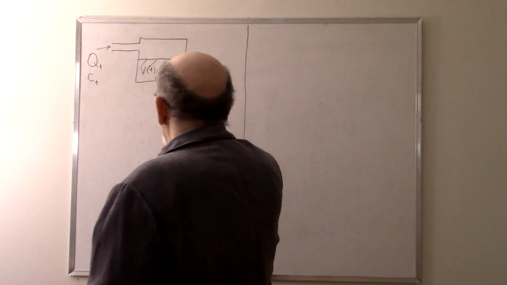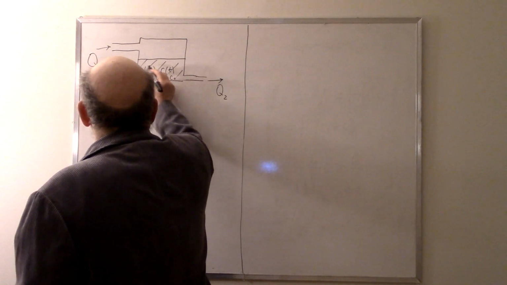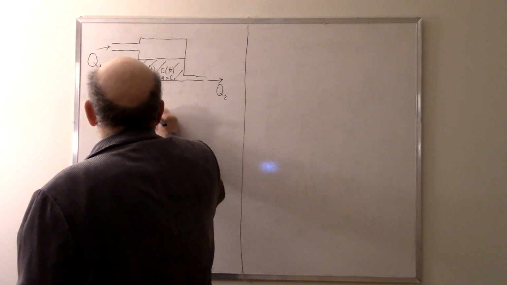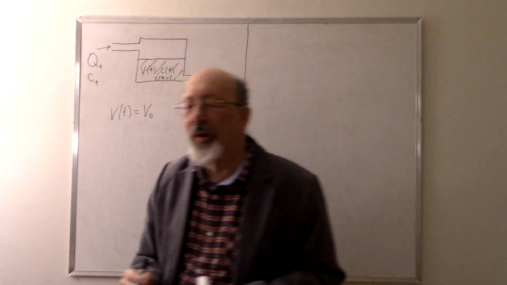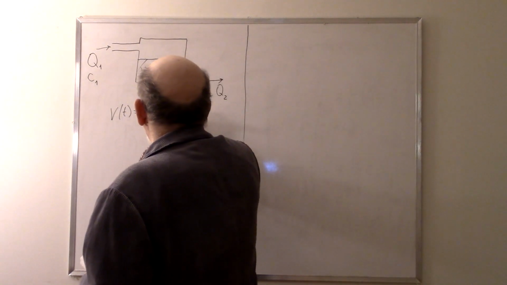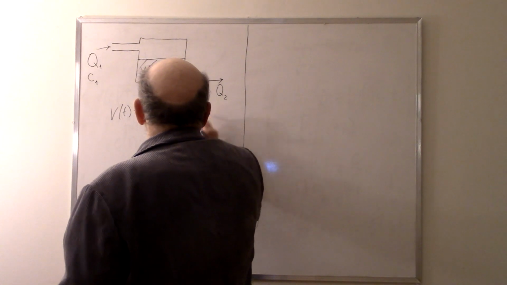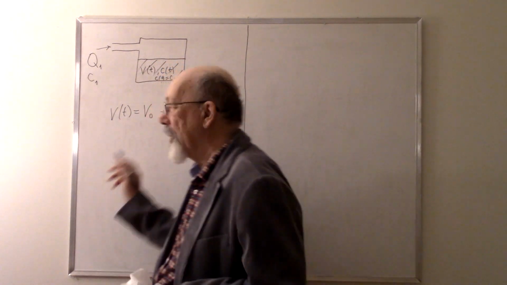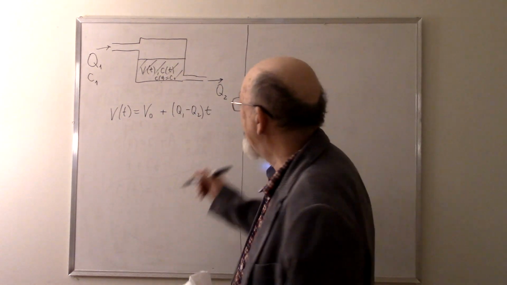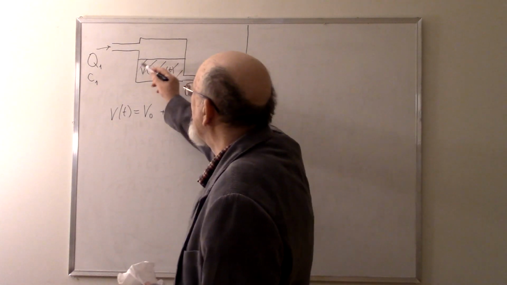So first of all, the volume V of t equals V0. It is the volume of water at the initial moment, plus (Q1 minus Q2) times t. This is inflow, this is outflow, this is the total, which can be either positive or negative, and times t.